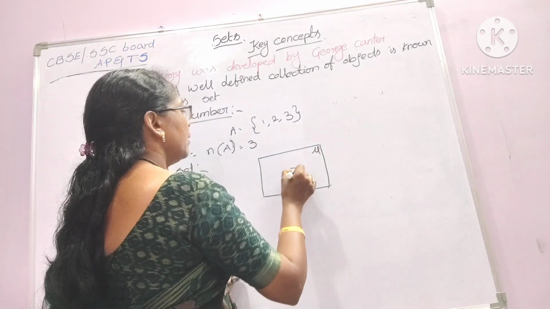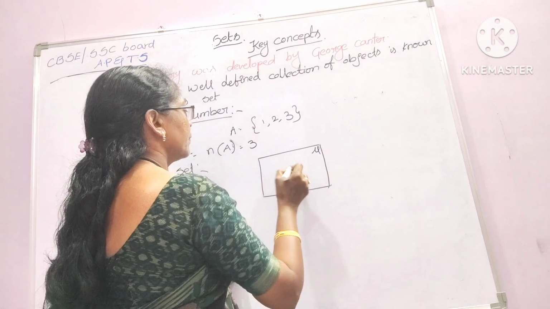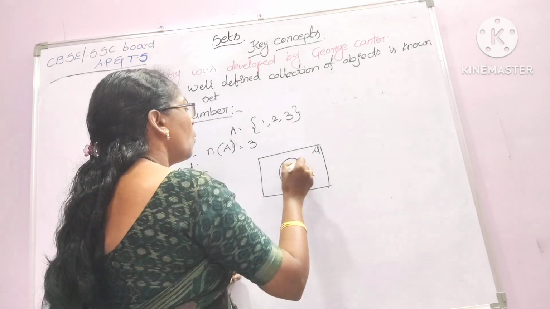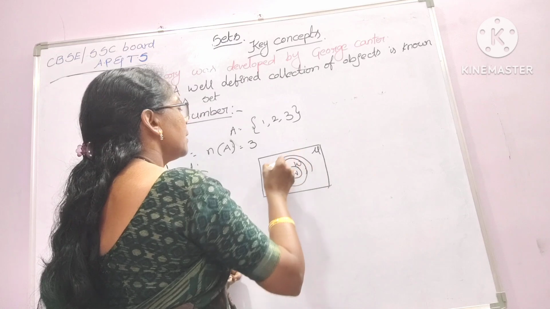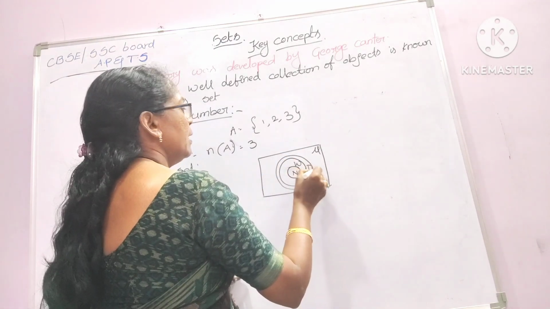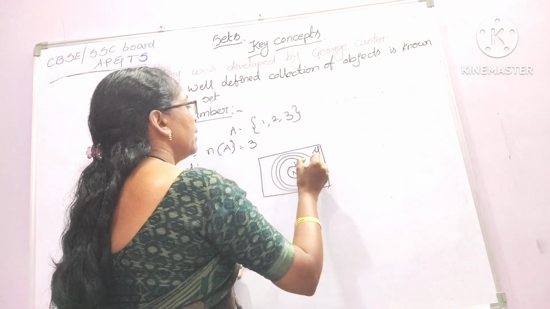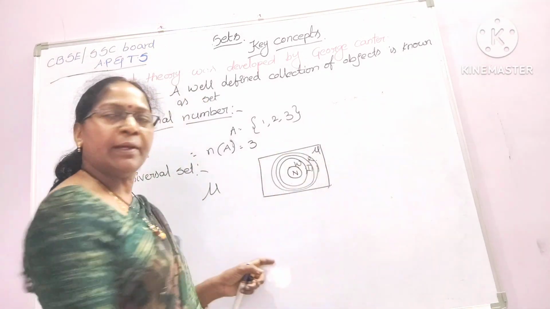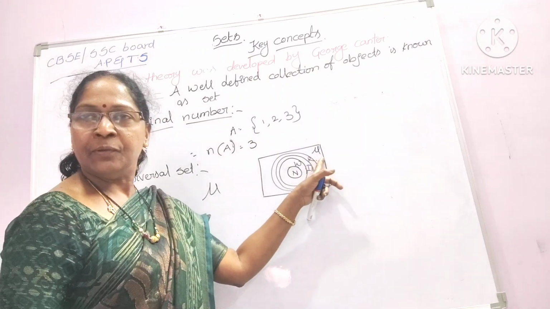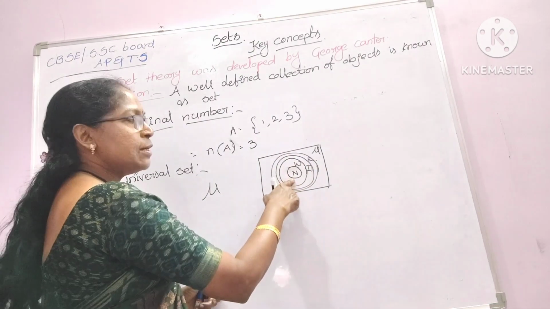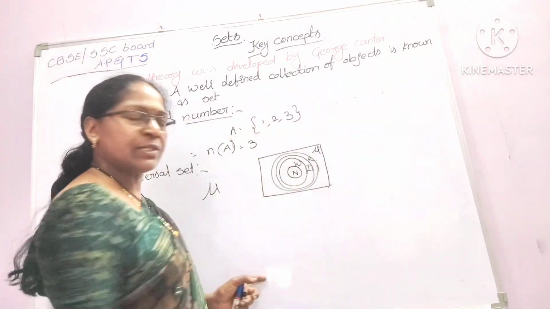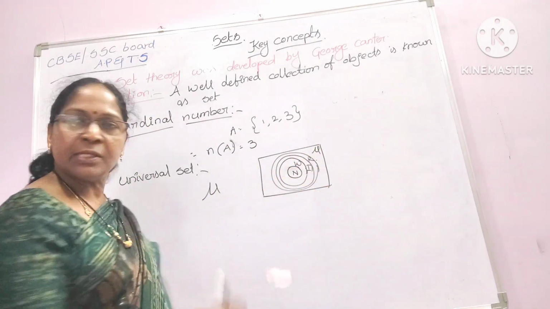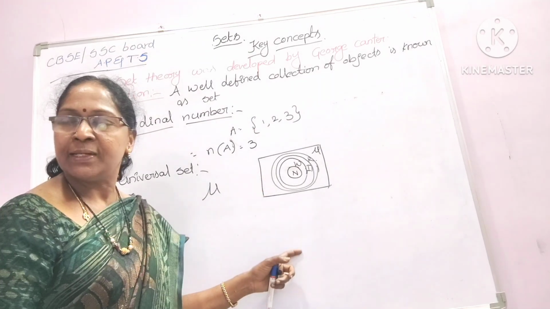For example, natural numbers are under whole numbers, whole numbers under integers, integers under rational numbers, and another one is irrational numbers. Those are all under mu. Mu is the universal set. I represented natural numbers, whole numbers, integers and rational numbers. These are all under mu. So mu is a rectangular box you have to draw. That is the universal set.